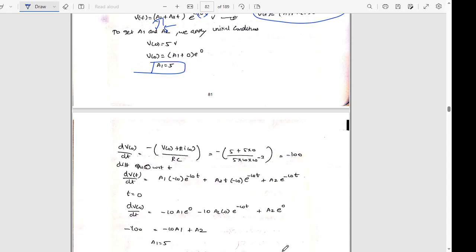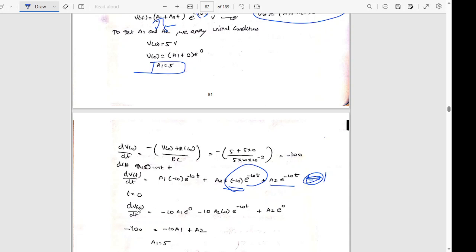So you need to use u dv plus v du. So a2t, e power minus 10t can be differentiated like this, minus 10 e power minus 10t, and then t will be differentiated to 1. If I differentiate t I will get 1. So the second case is differentiation of t, so a2 times 1 e power minus 10t, that is what we got.